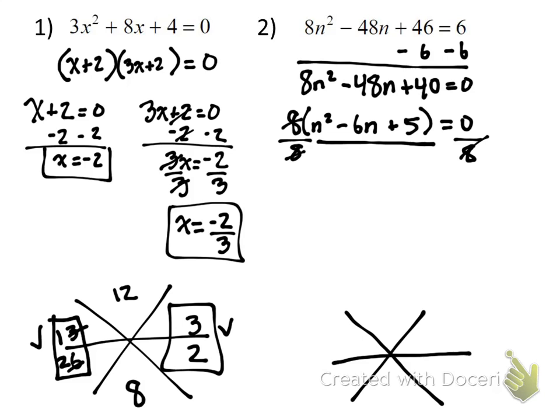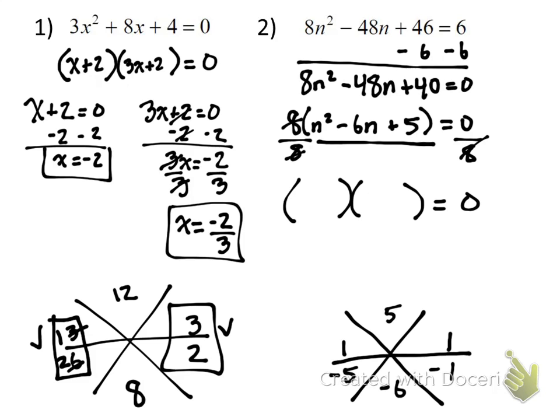So we got 1 and 1, a times c at the top, which is going to be 5. B is in the middle, negative 6. We have to ask ourselves what multiplies to be positive 5 and adds up to be negative 6. It would be minus 5 and minus 1. So we make two binomials. Now we just factor them equal to 0.